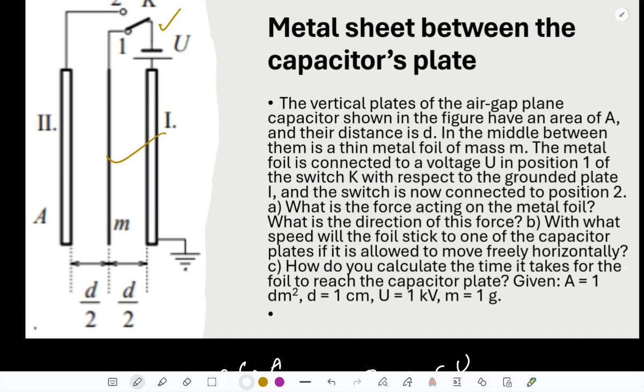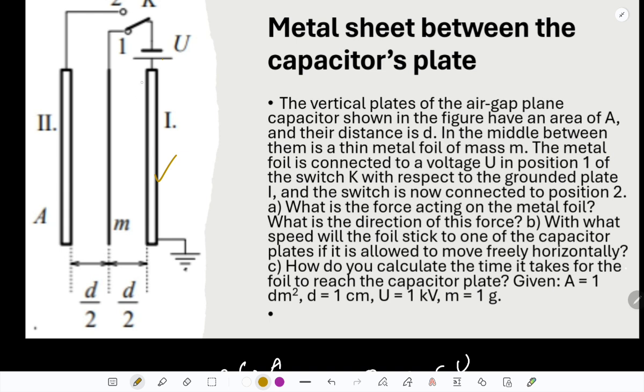I now want to find which plate is positively charged and which plate is negatively charged. So since this plate is grounded, that means it will have zero potential, and it is connected to the positive plate of the battery. That means this plate will require that this should be positively charged, but the earth will send the necessary negative charge to bring it at zero potential.